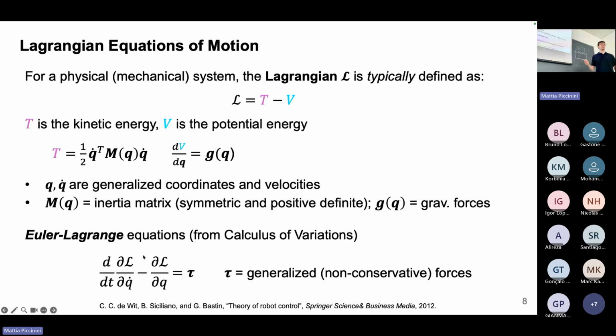And tau is the vector of generalized non-conservative forces and moments, like friction, like external forces, forces that really change the total energy of the system. Right?